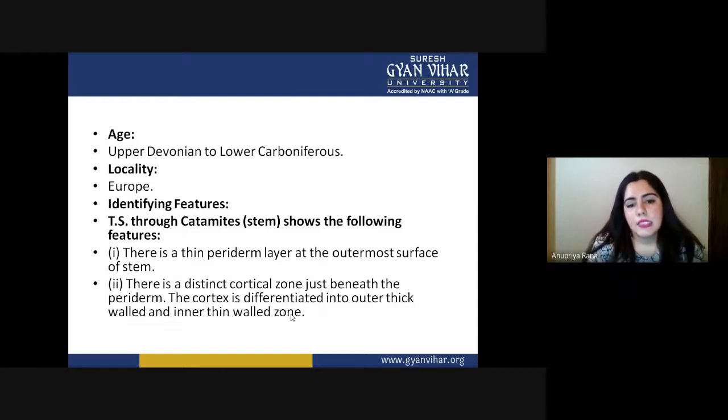There is a distinct cortical zone just beneath the periderm, and the cortex is differentiated into an outer thick-walled and an inner thin-walled zone.